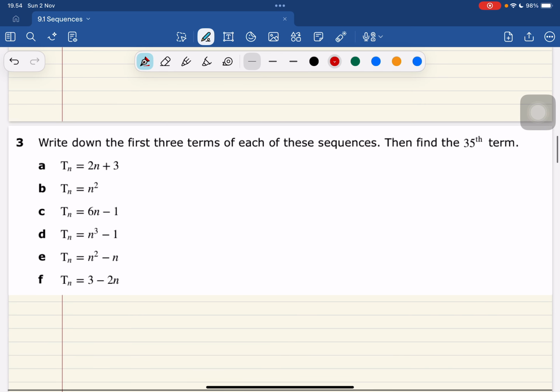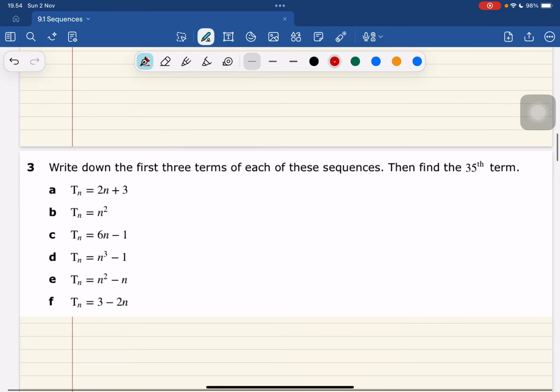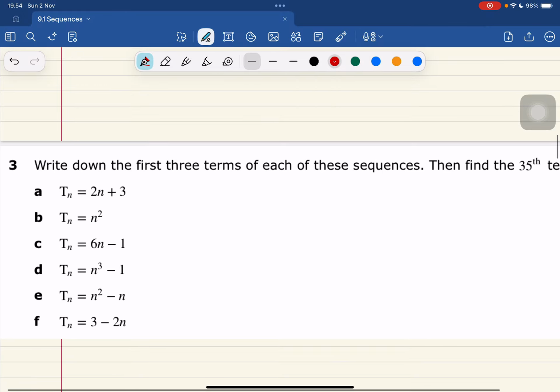There you go. Next, write down the first 3 terms of each sequence, then find the 35th. Okay, n means position. So if n equals 1, n equals 2, n equals 3, and then n equals 35.